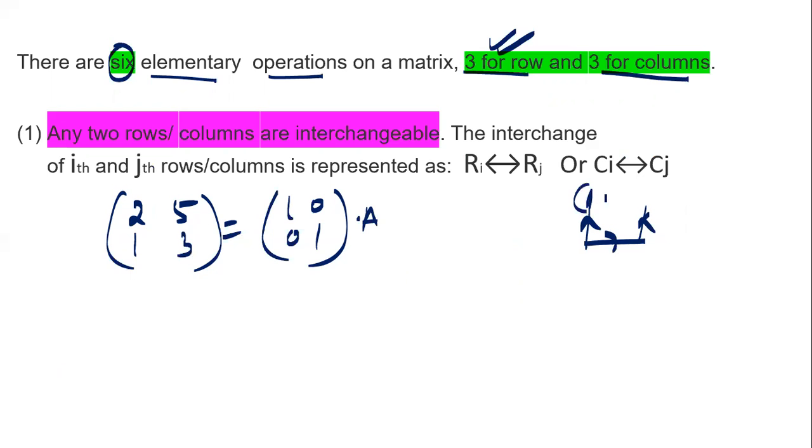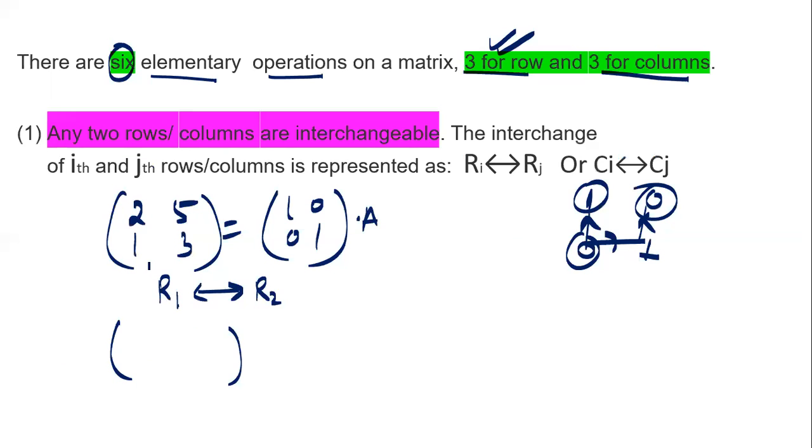I will make it 1, then 0, then 1, then 0. This is the pattern. What can I do? I will write over here like this: R1 can be interchanged with R2. In place of R1, I can write R2, or in place of R2, I can write R1. Write down R1: 1, 3, 2, 5.